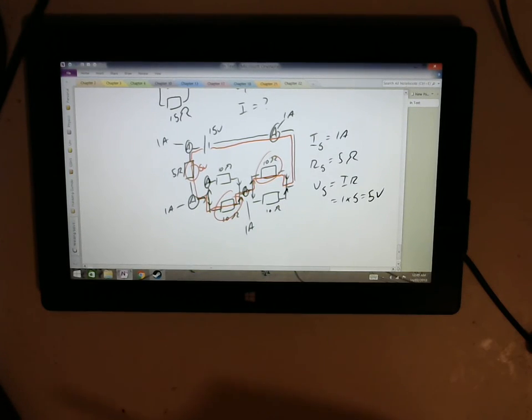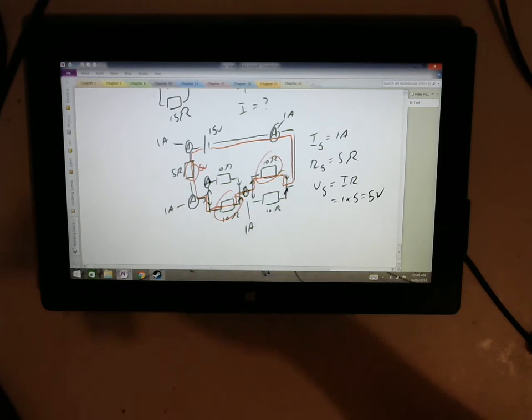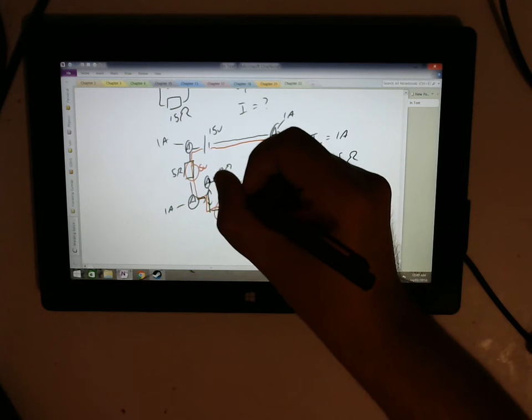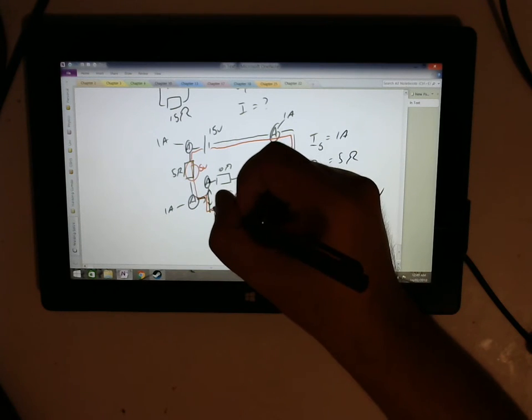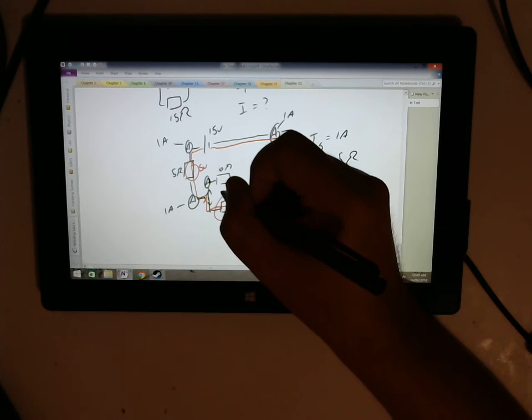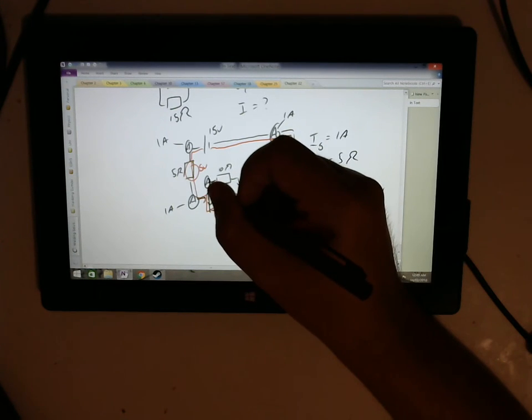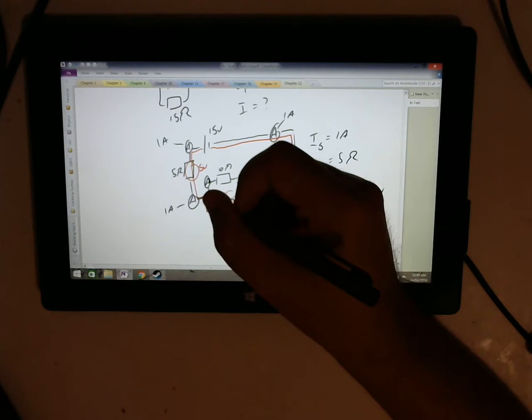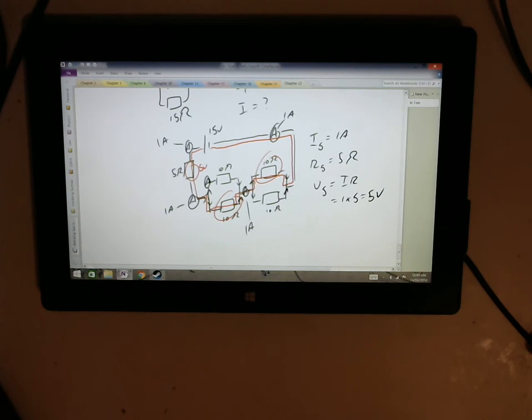So we need to look at these things. What we do know, though, is that whatever voltage it uses here will be the same as the voltage it uses here. They have the same resistors, and because they're parallel, they're going to have the same voltage being applied to them.